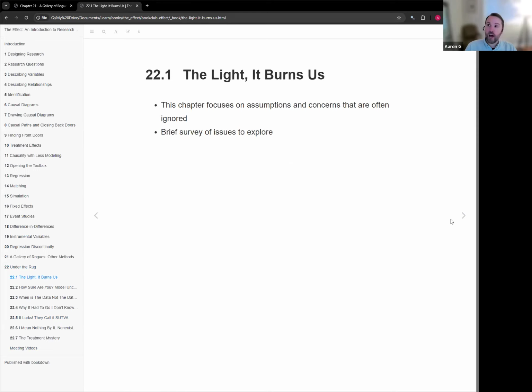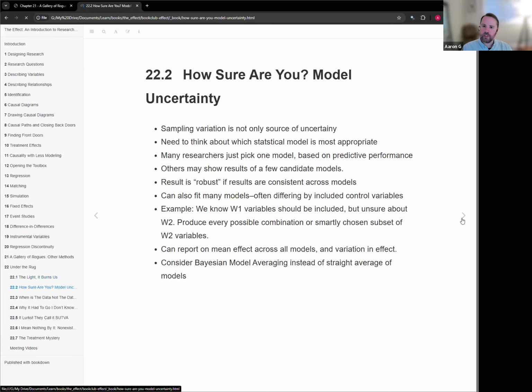And so this chapter doesn't talk about the method so much as things to be aware of when you're doing research design or when you're fitting models. And so we consider this to be a survey chapter. So again, broad, pretty shallow, but just exposing us to some of these topics.